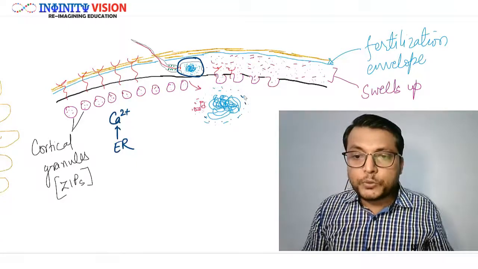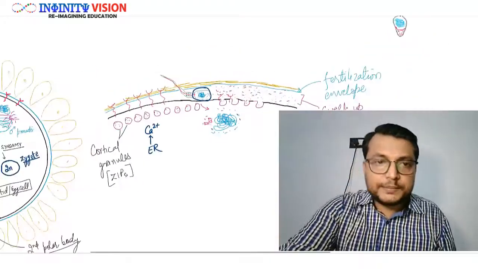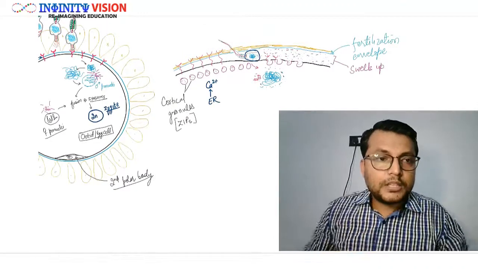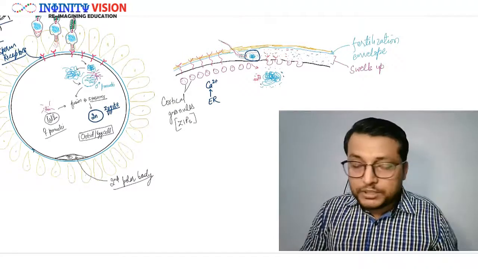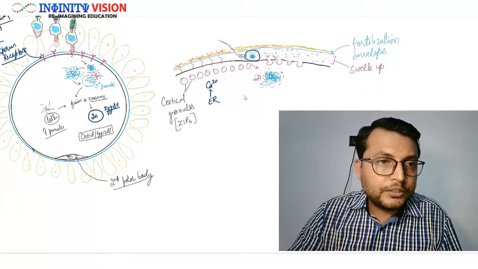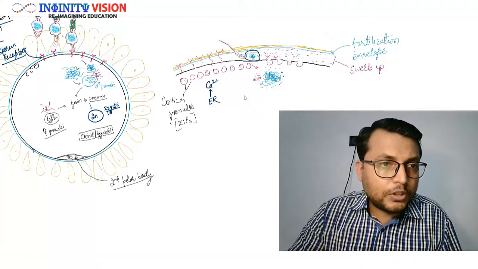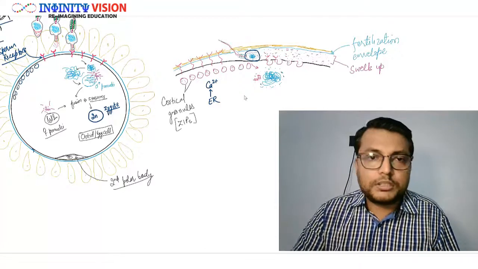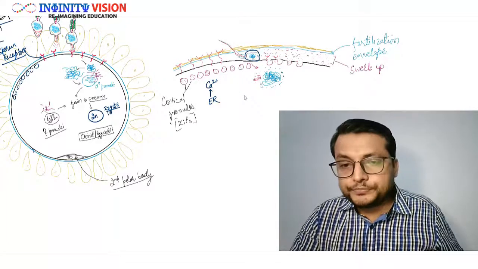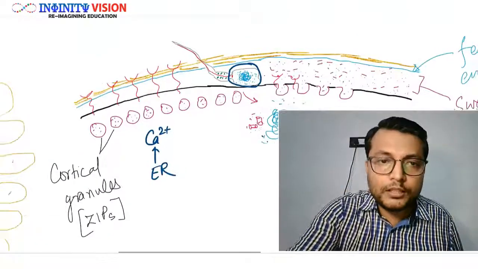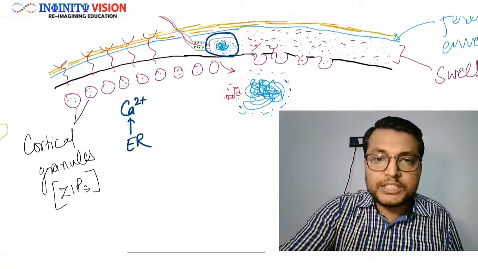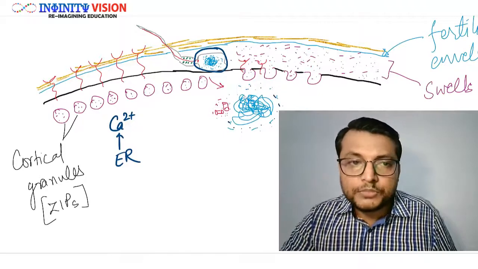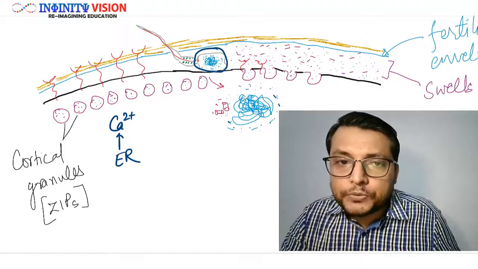Can you see here? If you see this ovum, on the inner side of this ovum there are a lot of cortical granules. So there is a layer of cortical granules which I have shown here. Because of this calcium, these cortical granules, in presence of calcium, go and start to fuse.